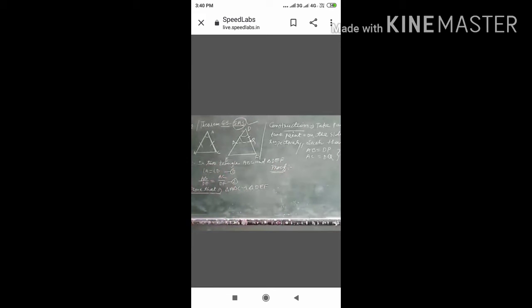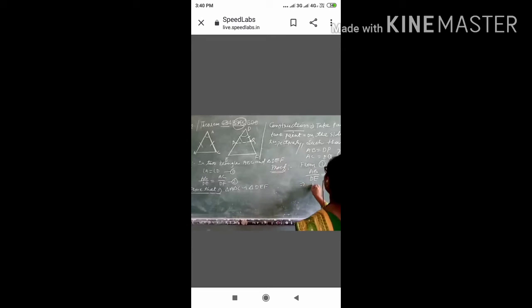Okay. So what is given here from 2? From 2, AB upon DE is equal to AC upon DF. From 2 and 3, we replace AB by DP and AC by DQ.